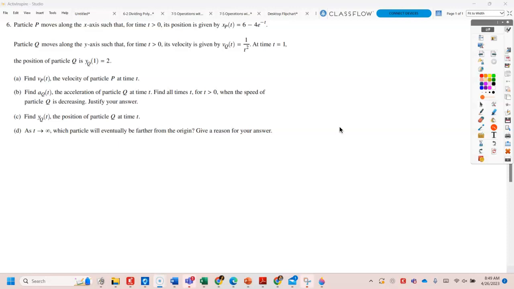Because anytime I read position, velocity, acceleration, I'm thinking of my table. So I'm thinking, okay, where are they going to hit me? Are we going to be talking about increase, decrease, extrema, concavity, etc.